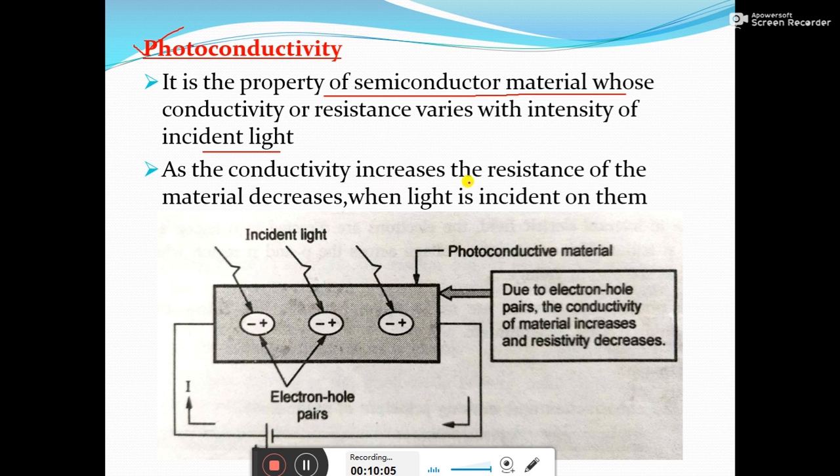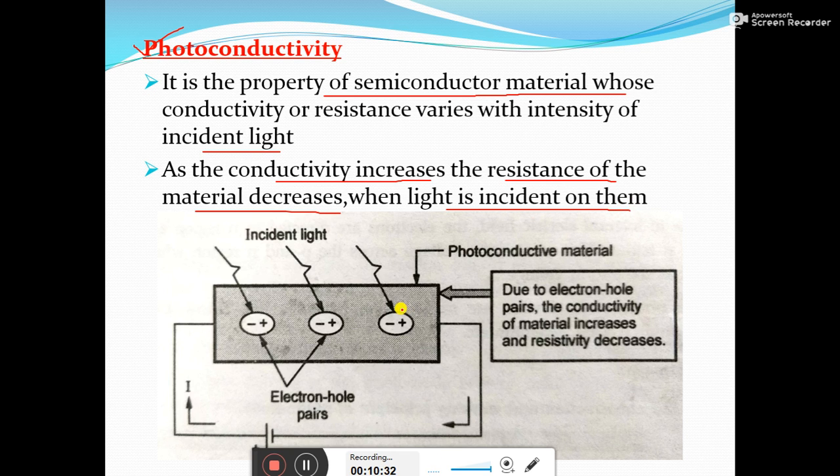Alternatively, if the conductivity is increasing, the resistance of the material is decreasing. If the conductivity increases, it is going to carry more current. So the conductivity or resistance of this material will vary with respect to the light incident on it.